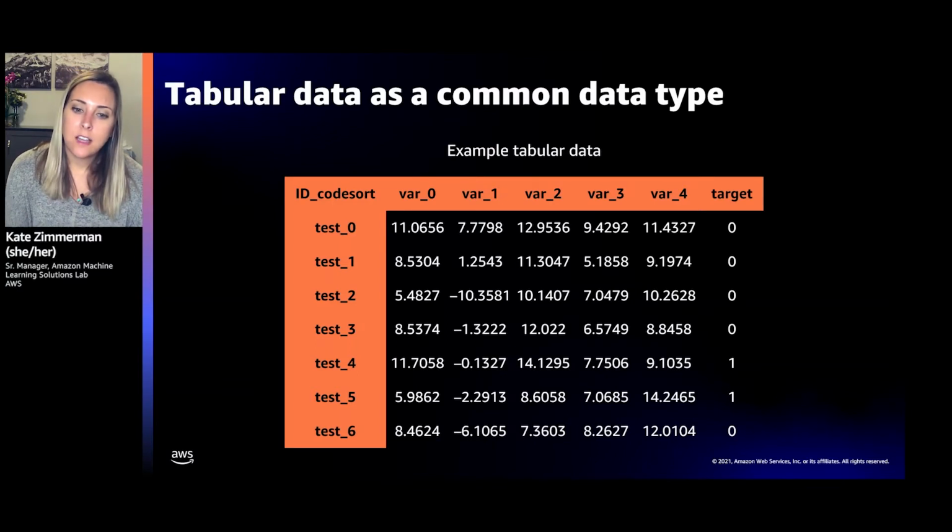And really what's important is that we have at least more than one column. So we need a few different variables or different features that we can use for predicting. And then you need to have that target column. So that's really key. The target column here is a 0 or 1.